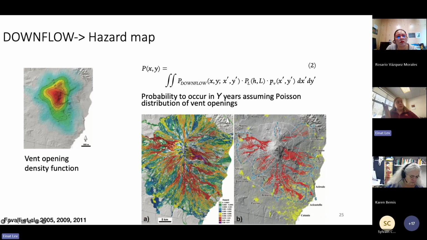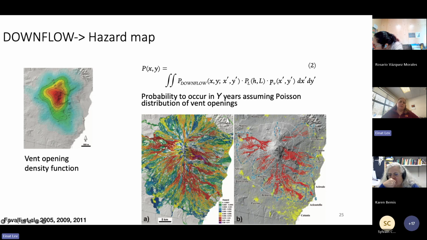Downflow, because it is so fast, is often used to create hazard maps, where there's a probability of an eruption occurring in a given time period, y years, and assuming some distribution of vent openings. Then you multiply that with the probability of inundation for each of these conditions.